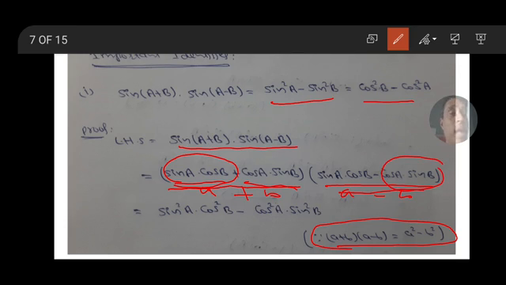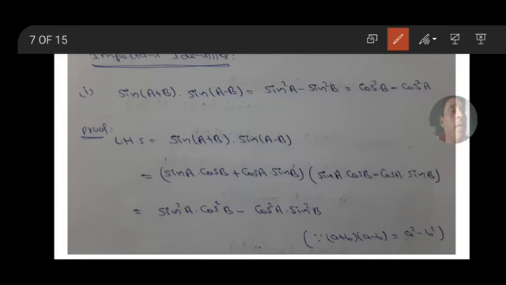So a square means sin square a into cos square b, minus b square means cos square a into sin square b. Depending on that result, we get sin square a into cos square b minus cos square a into sin square b.